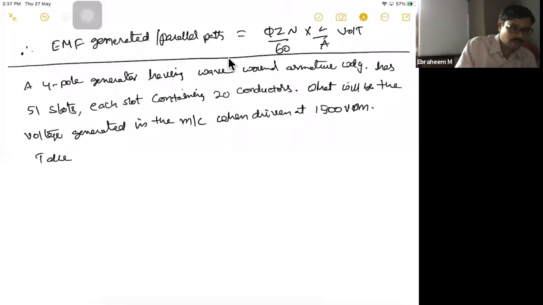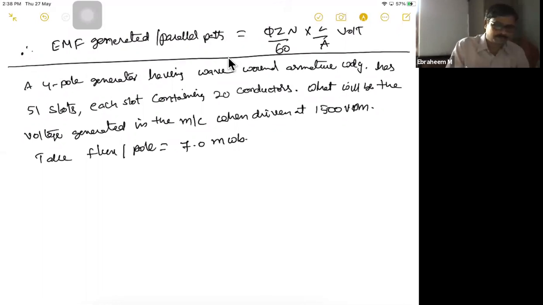Take flux per pole as 7.0 milliwebers. This is the question.